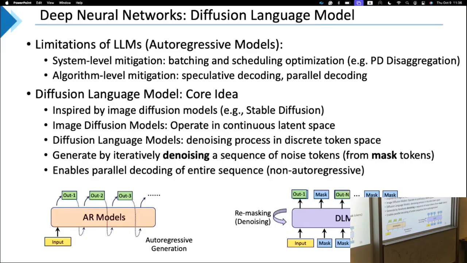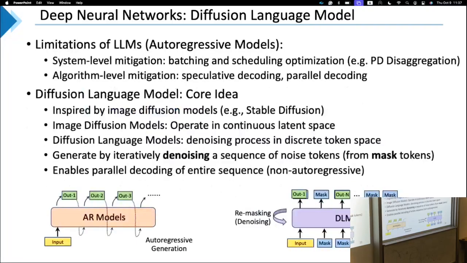For example, in the first iteration we put in all the mask tokens, and at the end of the first forward pass we decide that the first token and the third token can be generated. This parallel processing enables very fast processing speed, because all the tokens can be processed in parallel, instead of one by one as in a large language model.